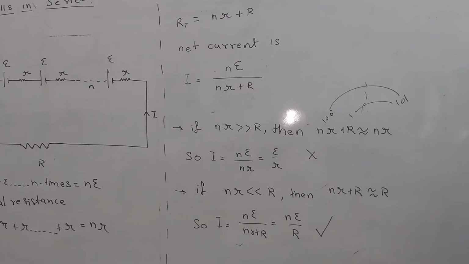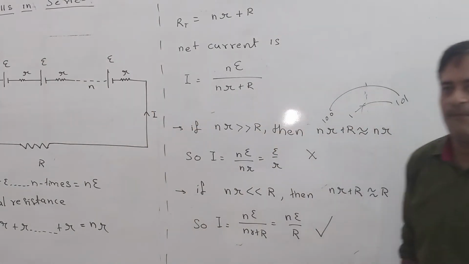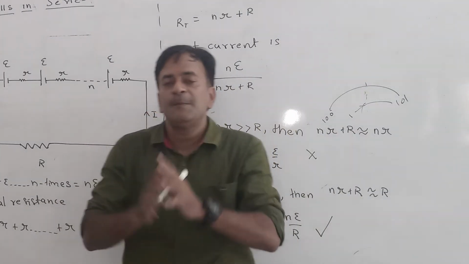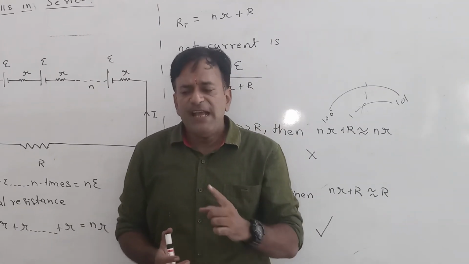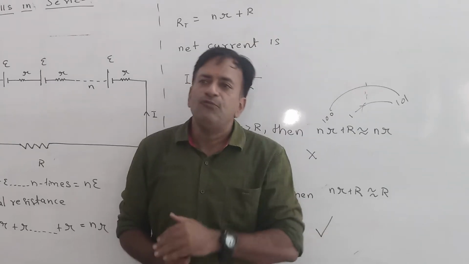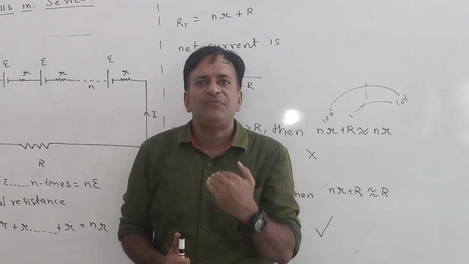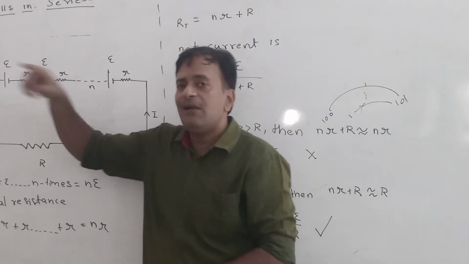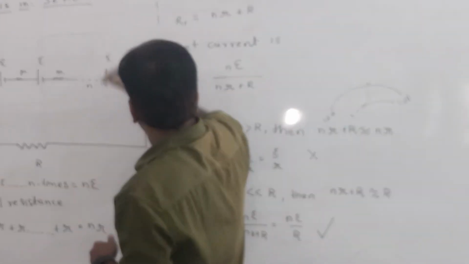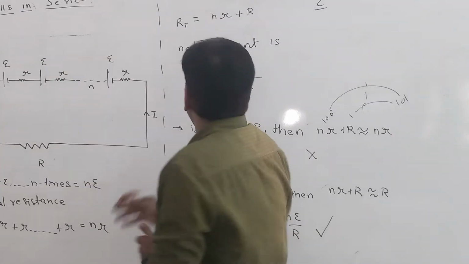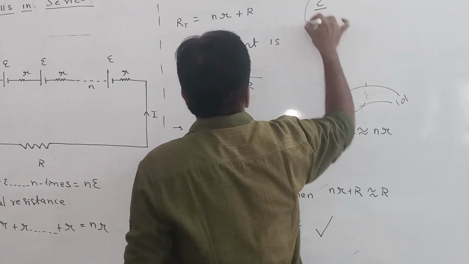Now if I use one single cell instead of n number of cells, what would be the current? If I use one single cell, what will be the current drawn from the cell? V upon R. What is the voltage of any one of these cells? It's epsilon. What is the resistance of one of these cells? It is r.